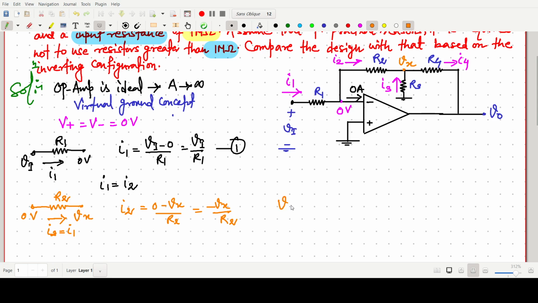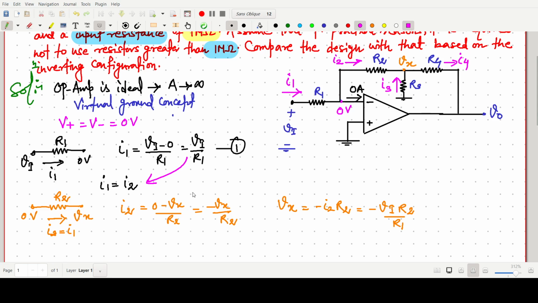Or Vx is simply minus I2 R2, and I2 is nothing but I1. So Vx equals minus Vi R2 by R1.